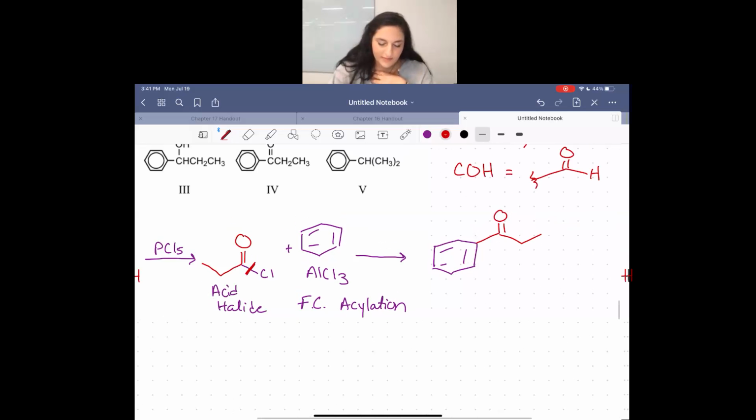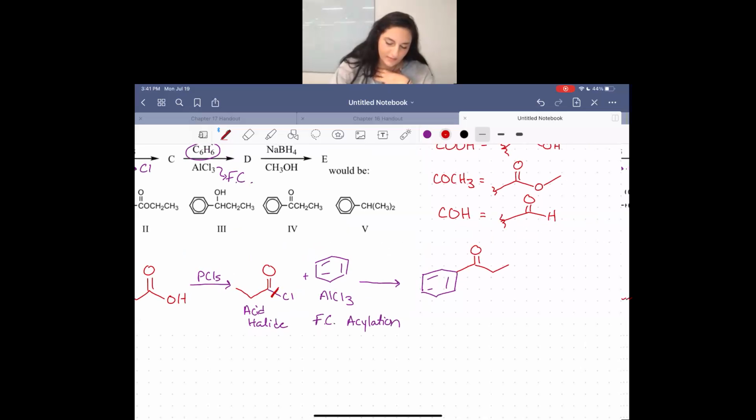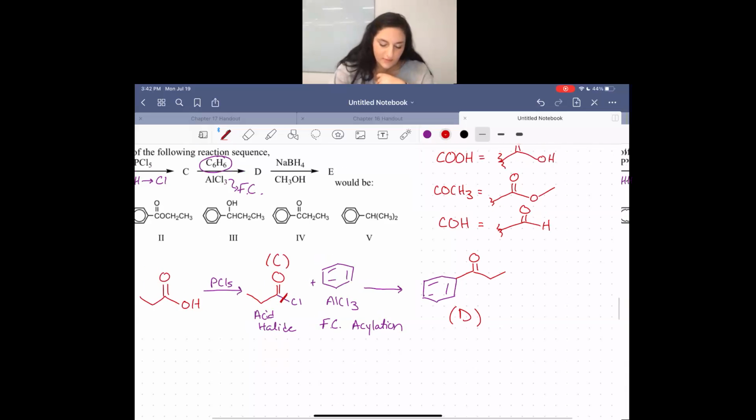All right, so at this point, we have D. And let me just label so nobody gets confused. So from here, we have one last step. What does NaBH4 possibly do? Let's zoom out just so you can see the whole thing.